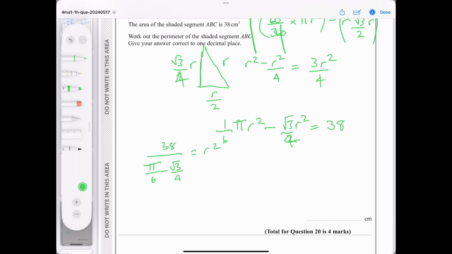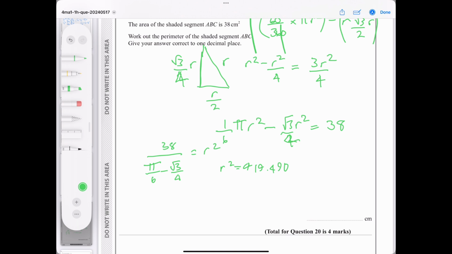So let's just do this, which is going to be a delight, I can tell. It's going to be 38 over pi over 6 minus root 3 over 4, equals 419.49, so r squared equals 419.49.